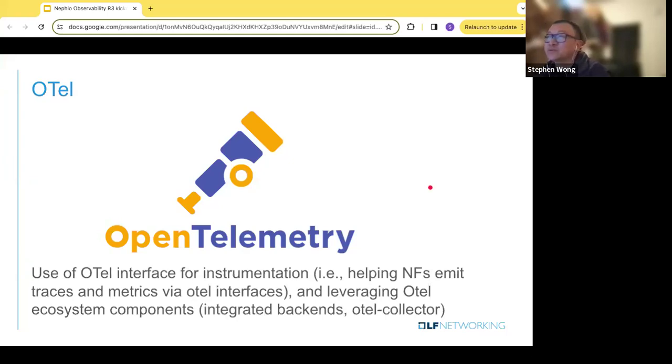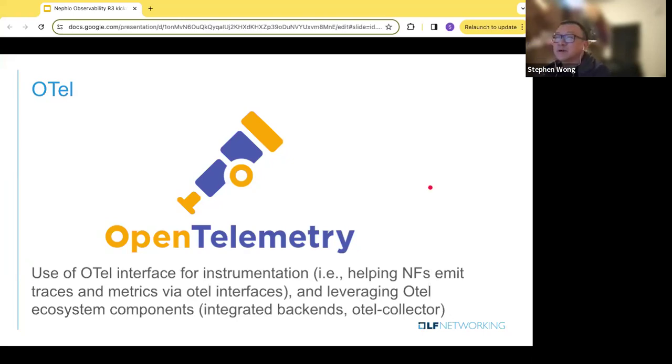We will conform to OpenTelemetry, meaning using OTel. Ideally, the network function vendors would be conforming to OTel. That would be great. They can use OpenTracing to emit traces, and OpenSensors for signals.